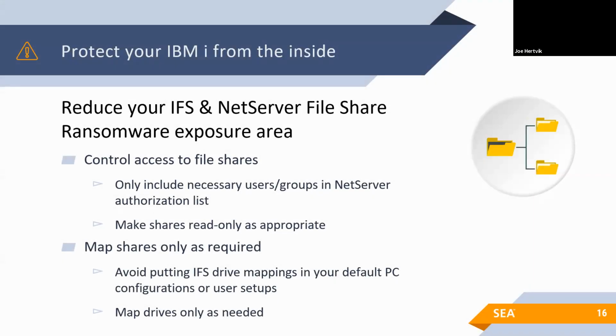Another way to reduce your ransomware exposure area is to control access to your file shares. If you've got a file share that's only needed by 3 people, don't include the entire company in the authorization list on that file share. Take a look and see who actually needs to get to this particular IFS mapping, and make your shares read only as appropriate.